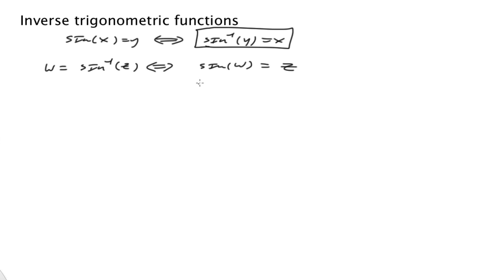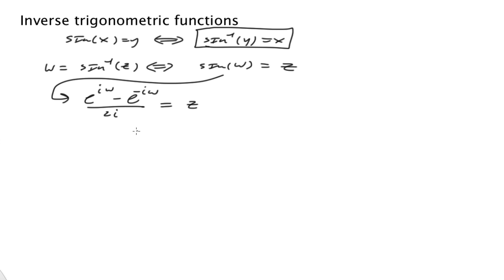With this form, I'm going to rewrite this as e to the iw minus e to the negative iw all over 2i is equal to z, because that's simply the definition of the complex sine function. And then what we want to do is solve for w.